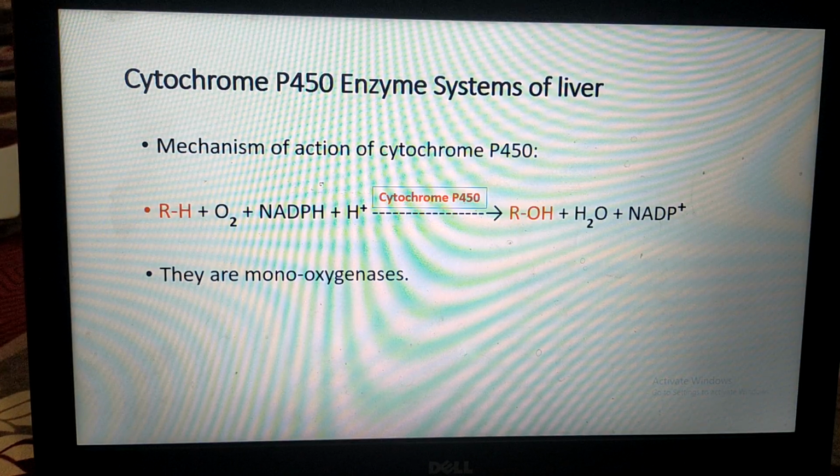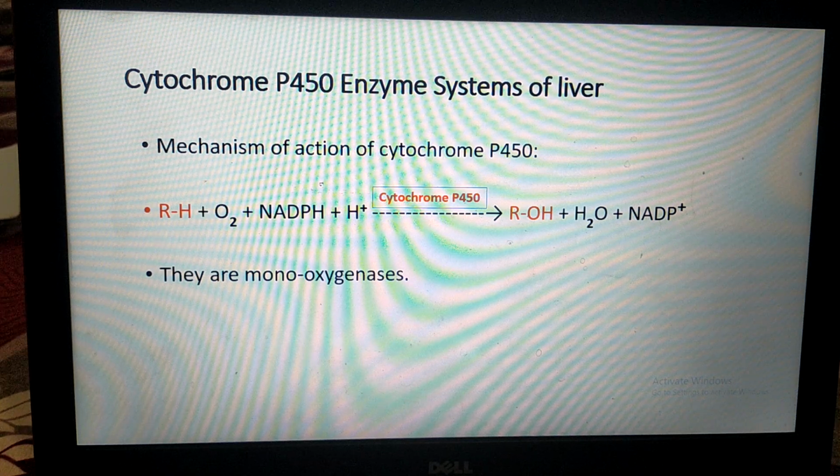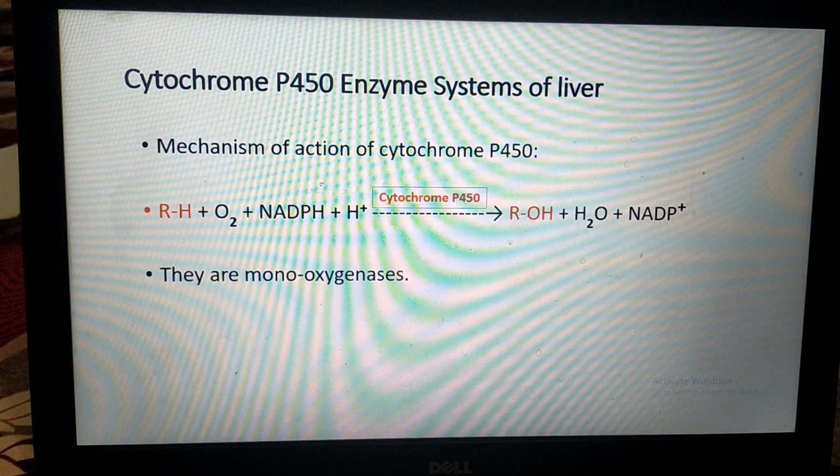Now this cytochrome P450 is also called monooxygenase. Why is it called monooxygenase? Monooxygenases are the group of enzymes which break the oxygen molecule and add one oxygen atom into one substrate. Here on the left side, two substrates are there. The first substrate is RH and the other substrate is two hydrogen atoms donated by NADPH. So molecular oxygen is broken down into two atoms.